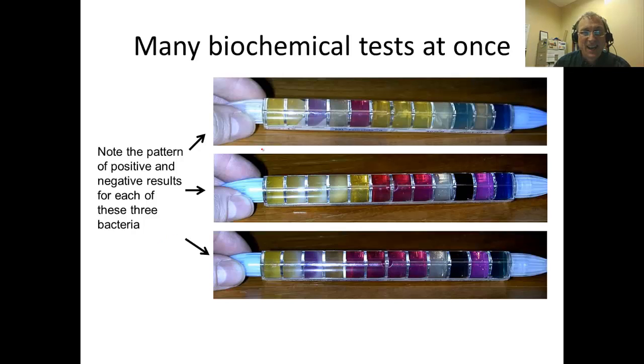Again, though, the drawback is that even though you're able to run a dozen tests all at once, you're still going to have to wait for the positive tests in this Enterotube to grow sufficiently to give you the positive results. So again, these are going to require incubation, just like we saw before.